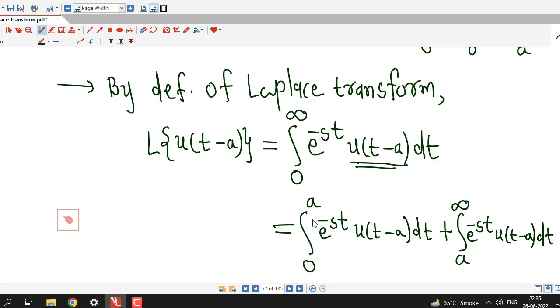Now in 0 to a, the value of t is less than a, therefore the value of this unit step function is 0. So this integral becomes 0, and for t greater than a, the value of the unit step function is 1.